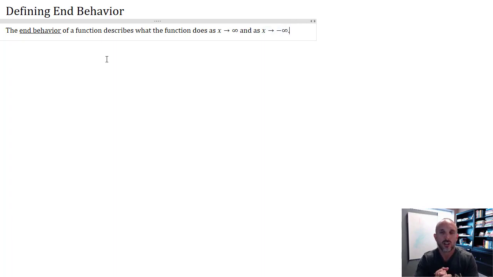Okay, so think about whenever x is really big, what happens to the function? And that could be a really big positive number or a really big negative number.